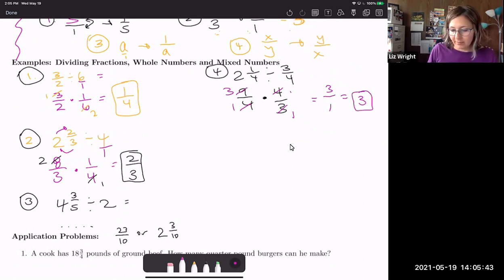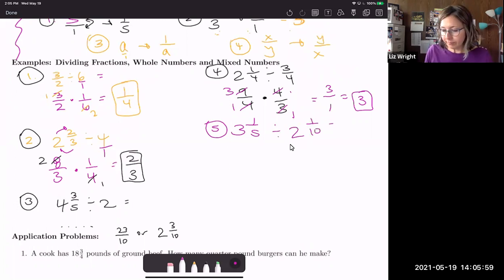I'm going to have you try this one too. I'm going to have you do this one. Number 5, you should get 3. We're taking 3 1/5, and we're dividing it by 2 1/10. So try that one out. See what you get.